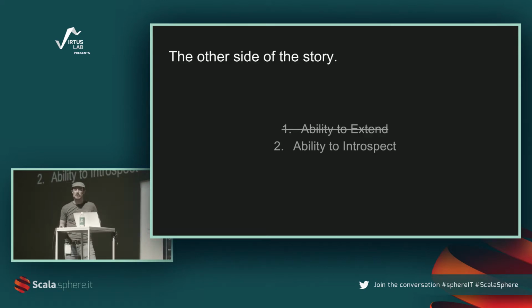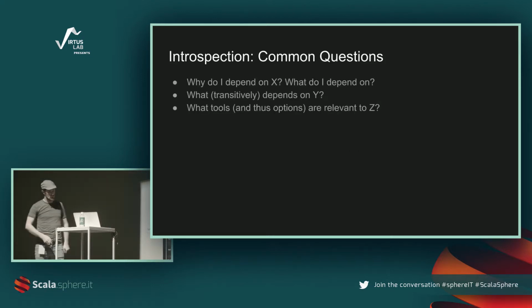We need the ability to introspect. We know that this monadic system would allow us to do this, but what would it mean in terms of understanding our build? So for introspection, there are a few really common questions. Why do I depend on this thing? It's super expensive. I don't want to depend on it. Oh darn, I need to because dumb library over there. What do I depend on?